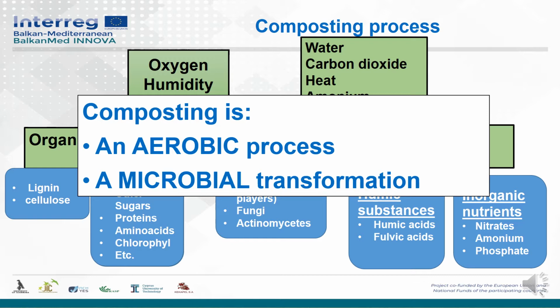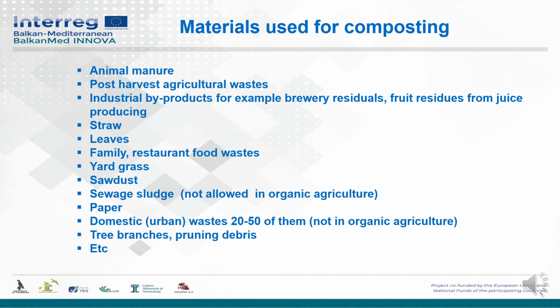I want to remind you that composting must be an aerobic process. I mentioned in the previous slide the materials that are used for composting, and now you have a list here.